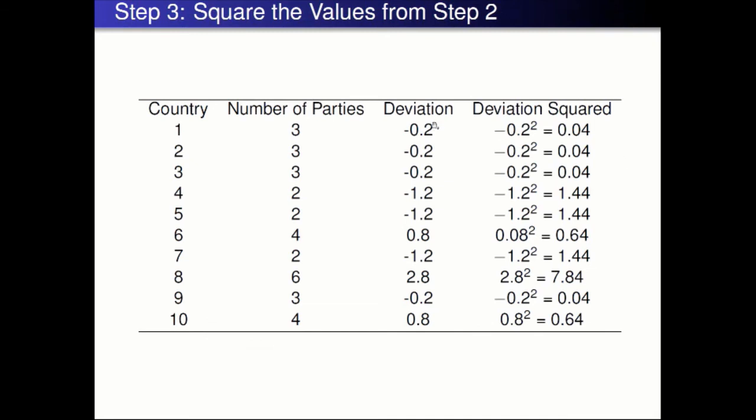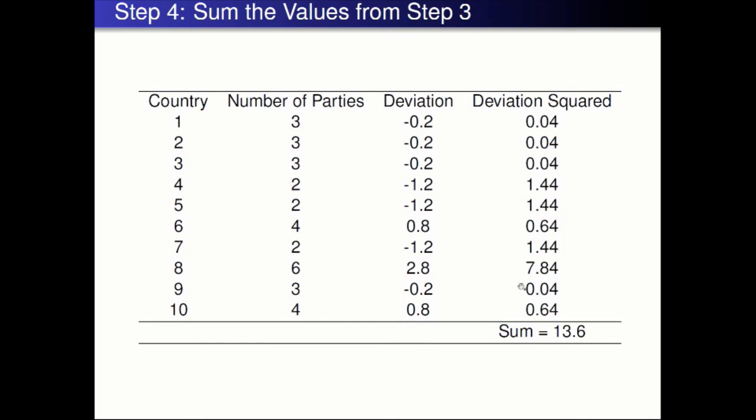Then we square these values. Negative 0.2 squared is 0.04. Negative 0.2 squared is 0.04, and so on. One intuitive reason for squaring these values is that it gets rid of the negative values, because we don't care if observations deviate in a positive or negative direction from the mean. We just care that they deviate.